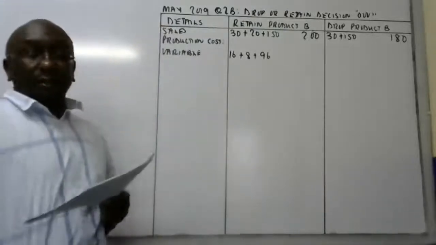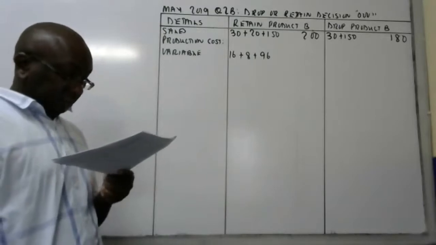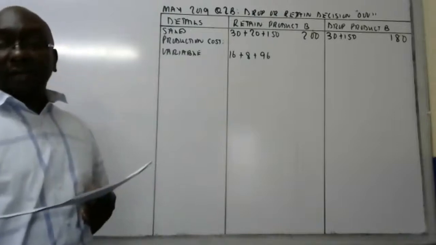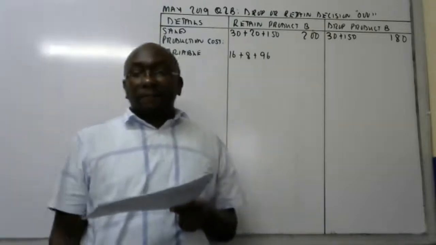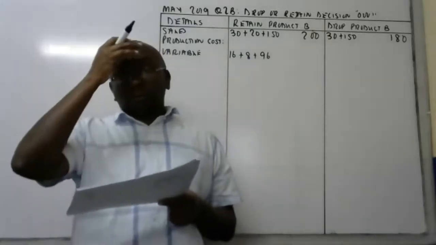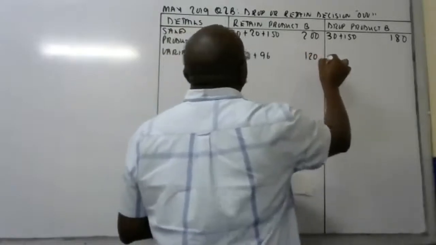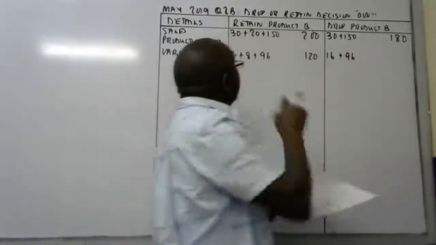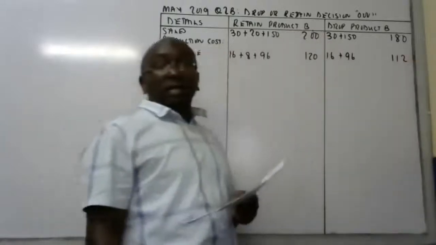That is 120. But on this other side, I will have 16 plus 96. That is 112.